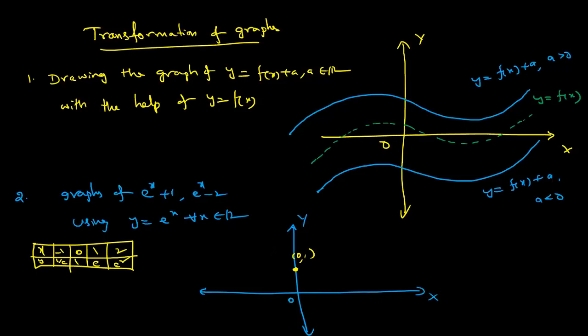So how to draw the graph? See carefully, dear students. Last time we discussed y is equal to e power x is strictly increasing. Fine. But what if y is equal to e power x plus 1?